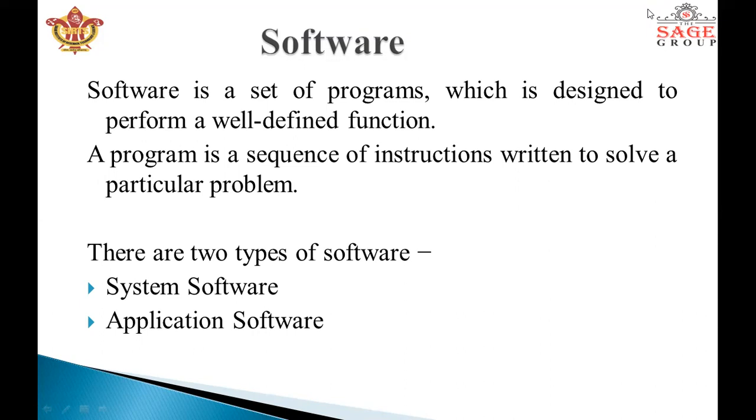And what is application software? Application software products are designed to satisfy a particular need of a particular environment. That means all software applications prepared in a computer lab come under the category of application software.